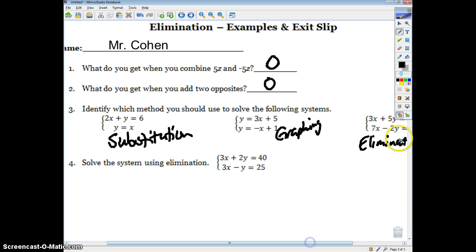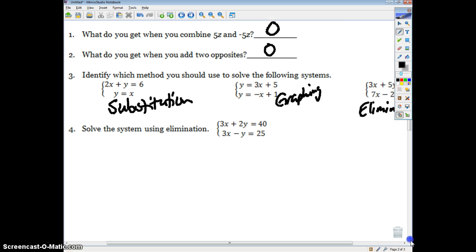Okay? So what I'm going to do is I'm actually going to solve this system here 2 times. Whatever you do, don't write this down yet. Okay. Well, we know we can add the equations together. If I do that, we get 6x plus y equals 65. Okay, what happened?